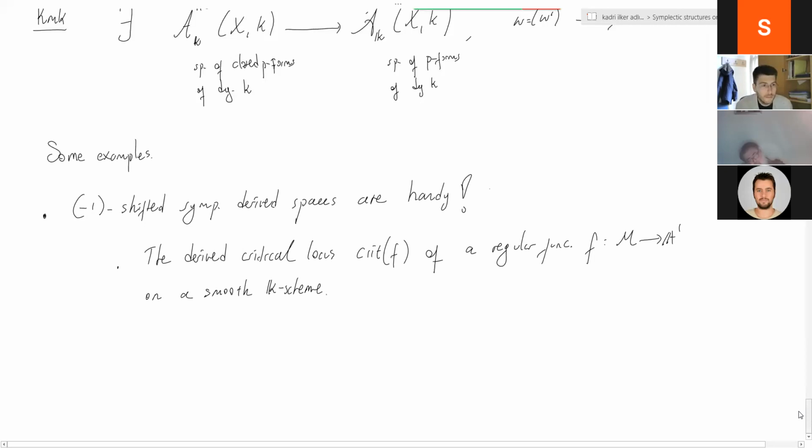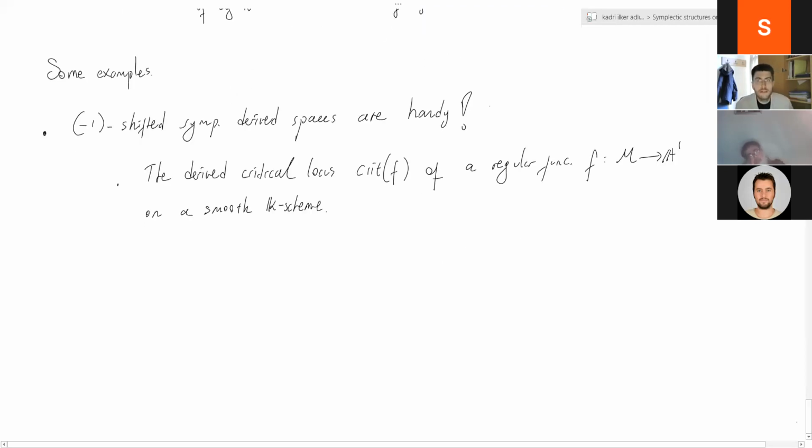Okay, this is not the usual symplectic manifold, but this is a -1 shifted symplectic derived space.